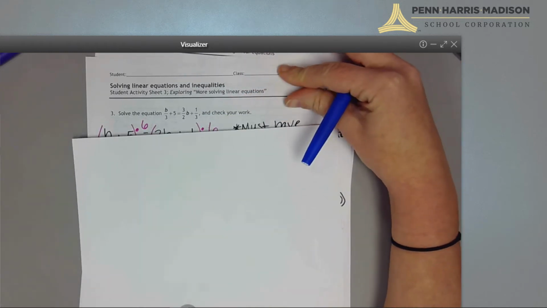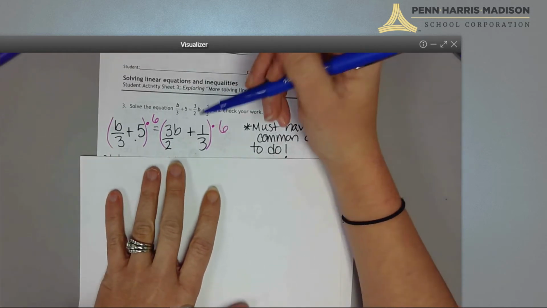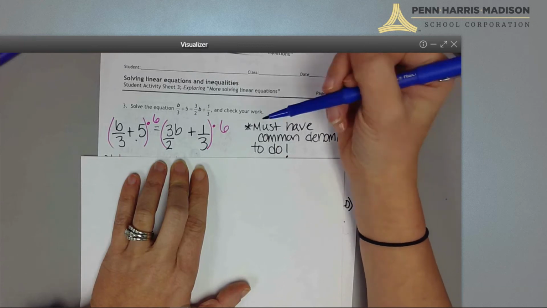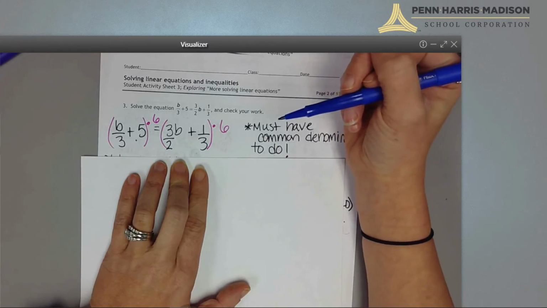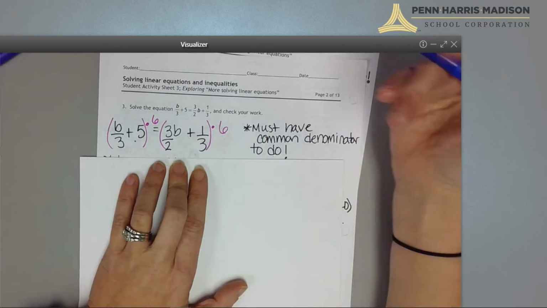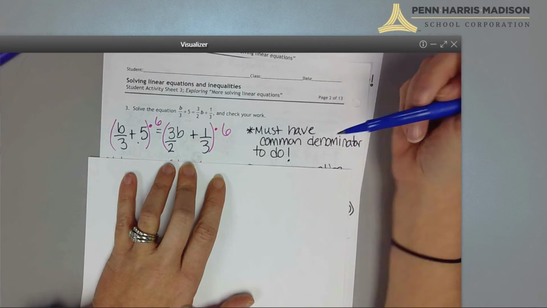Okay. So with this, guys, we're going to follow our same steps, but because we don't like fractions, we're going to get rid of our fractions. How am I going to get rid of our fractions? Well, I don't know if you guys remember back in the day. In order to add fractions together, they have to have a common denominator.